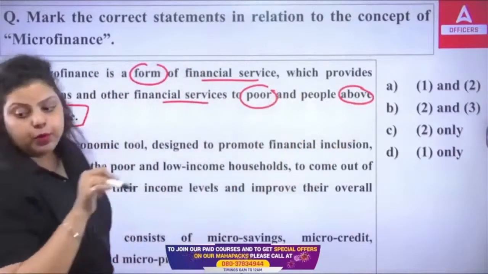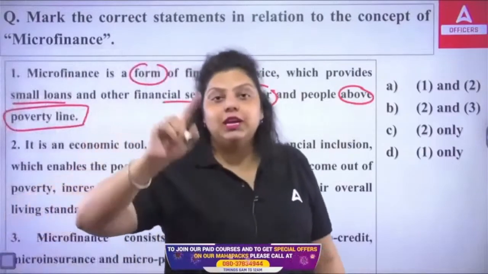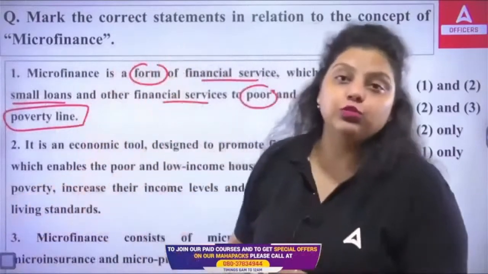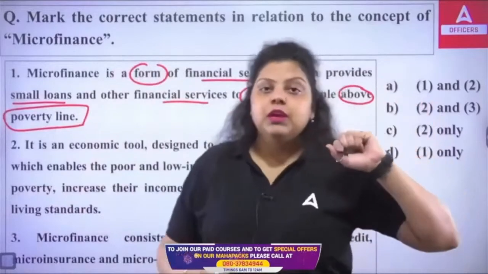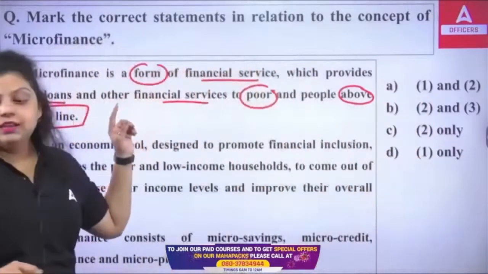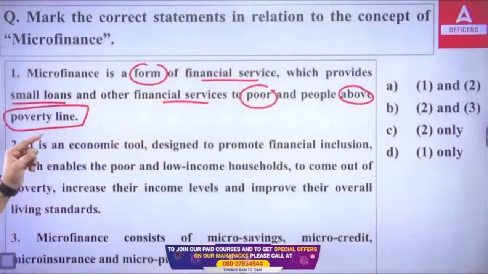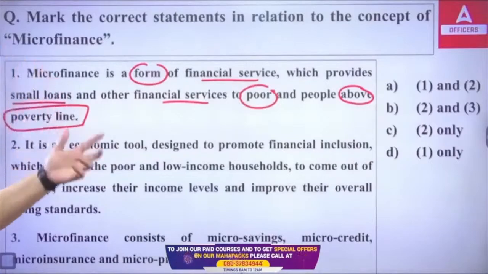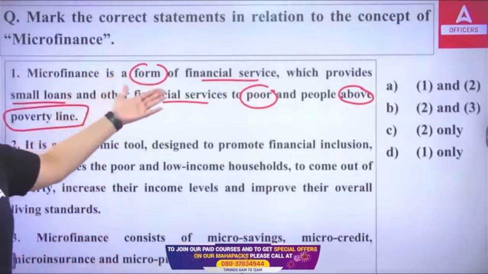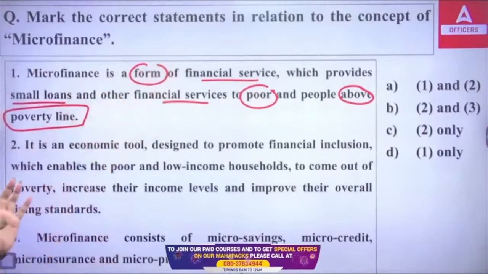So below poverty line people are the weaker section, the economically weak society of our country, the disadvantaged population of our country. The first option says microfinance provides funding facility, small loan facility and other financial services like small savings, insurance, pension, etc. to the below poverty line as well as above poverty line population.